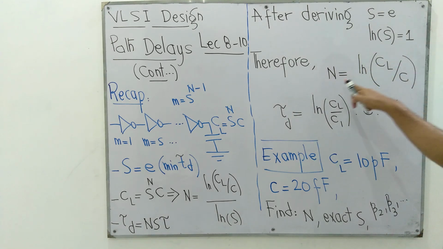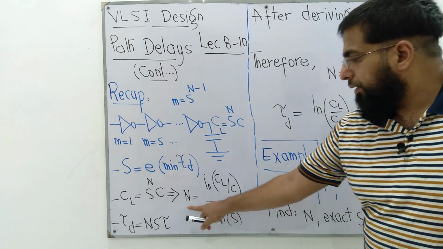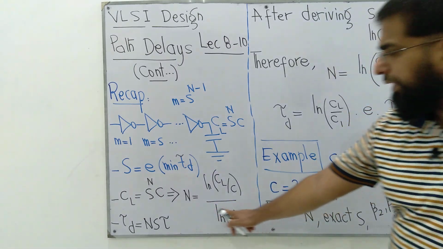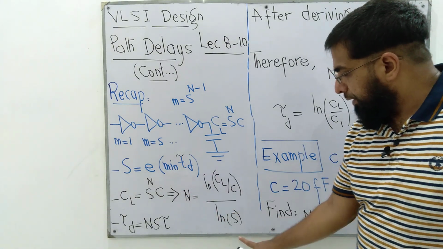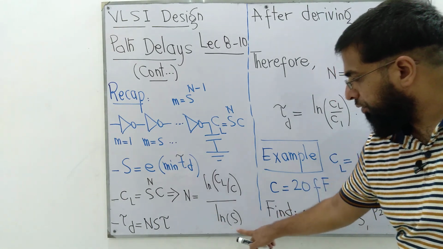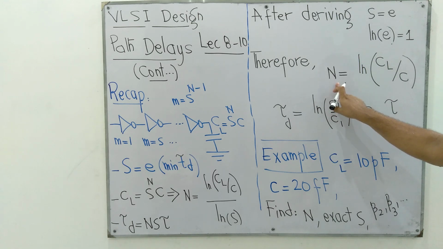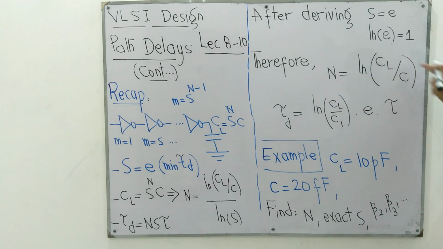The expression for n that we wrote in our last lecture has log of s in the denominator. If we put e here, log of e is 1. So the expression for n is log of CL over C.